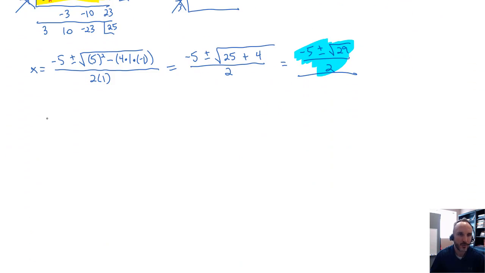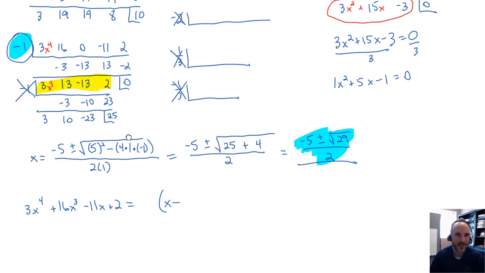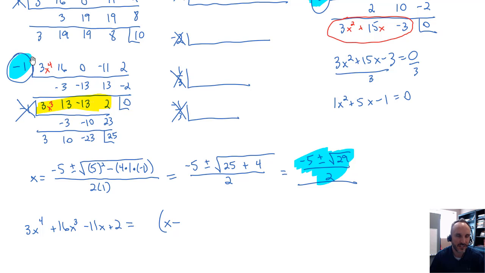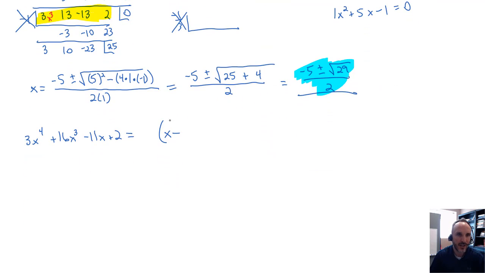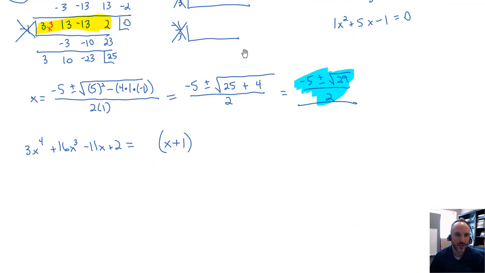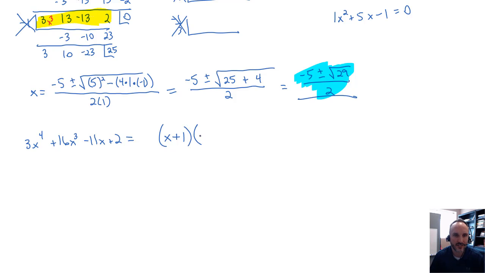So let me write out the polynomial again. 3x to the 4th plus 16x to the 3rd minus 11x plus 2 equals, and then I'm going to turn each of the zeros we found into factors by doing x minus. So the first zero we found was negative 1, and if we do x minus negative 1, that's the same thing as x plus 1. The next zero was 2/3, so I need to do x minus 2/3.